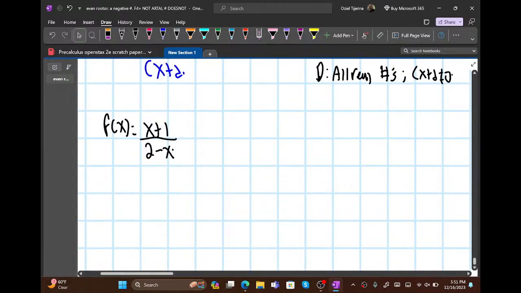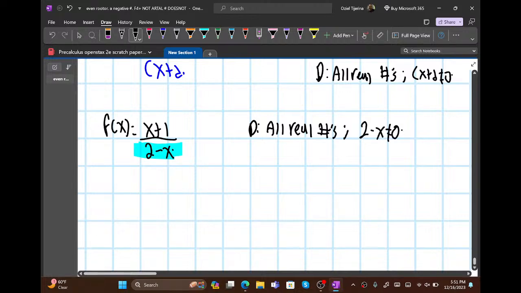In other words, the denominator cannot be 0. I would say that the domain is all real numbers such that 2 minus x is not equal to 0.